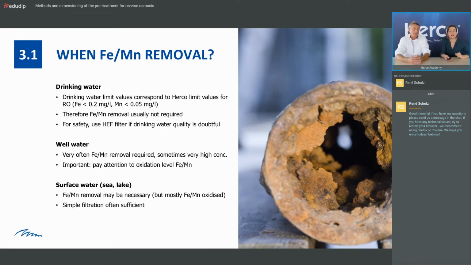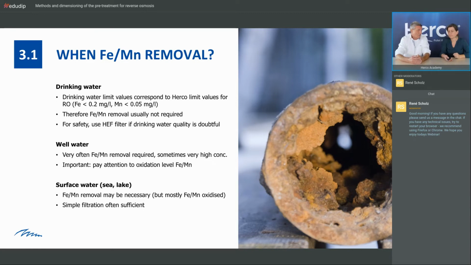Normally these iron and manganese removal systems are used for well waters, because in well waters very often iron and manganese removal is required, as sometimes they are very highly concentrated, and we have to check.